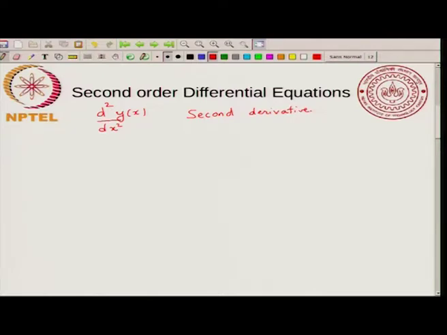You have the spring equation, so that is a second order differential equation. In quantum mechanics, the Schrodinger equation is a second order differential equation, and so on.